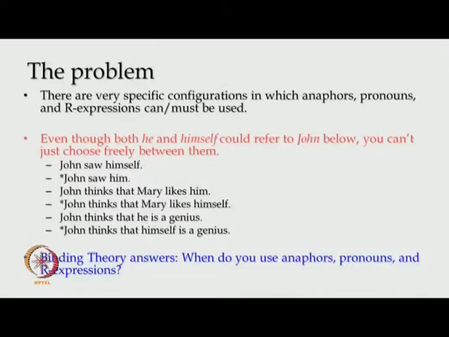And likewise, we saw other examples. Then we stopped with this when we said the problem is that we see some specific configurations governing the occurrence of these elements. It's not fair to simply say a couple of things about these things. It requires some serious attention.